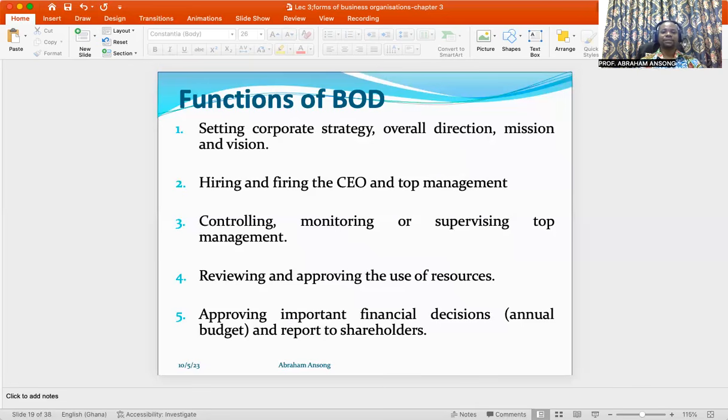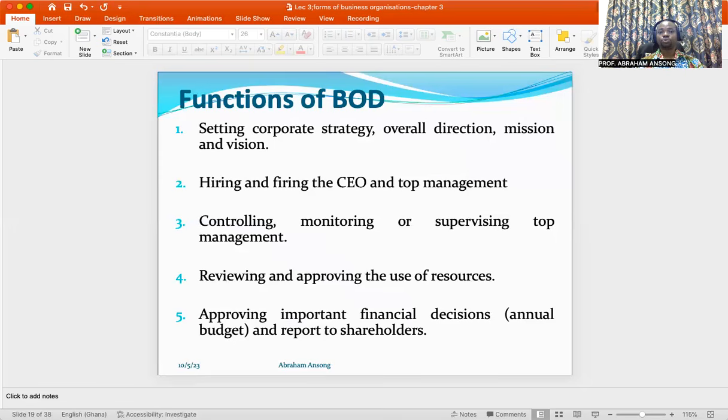Okay, the board of directors are responsible for reviewing and approving use of resources. So if there is any major expenditure, minor expenditure could be taken without the board's approval. But if it is a major expenditure of a certain magnitude or amount, most times those kinds of expenditure must get the board's approval. This also explains why when there is a problem, sometimes the board of directors can be held liable instead of the management of the company.